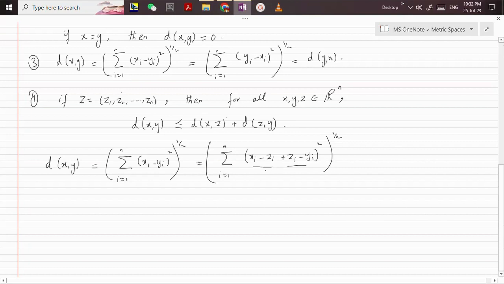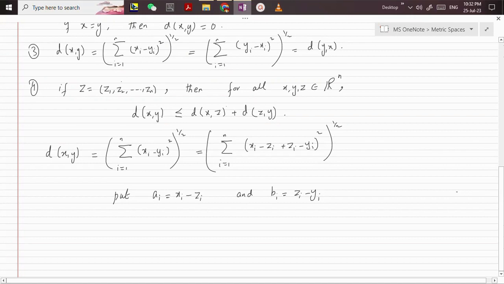Now we put ai equals xi minus zi and bi equals zi minus yi.